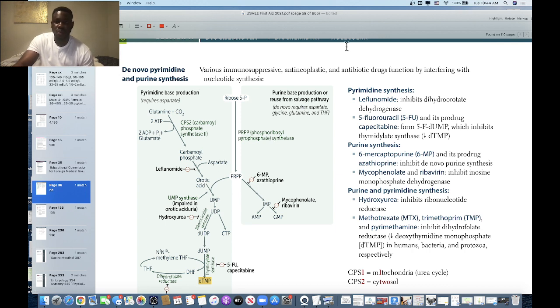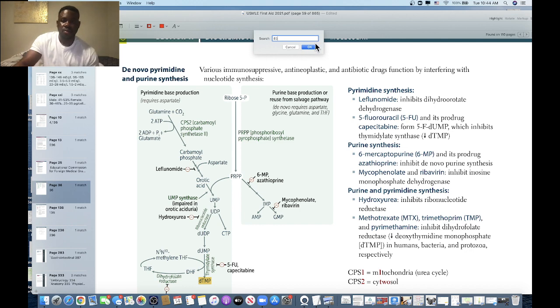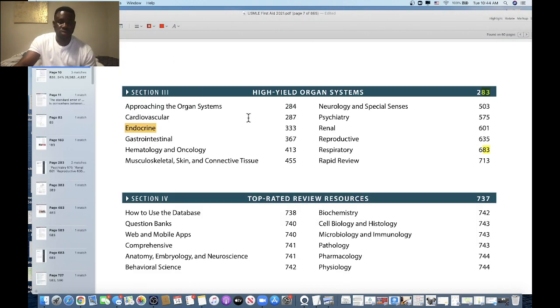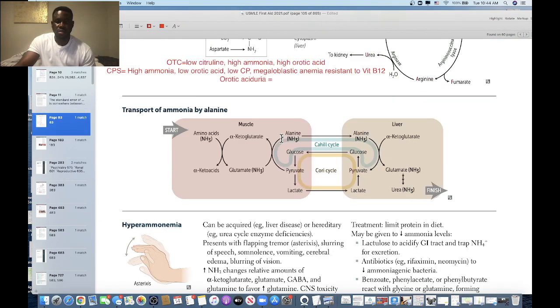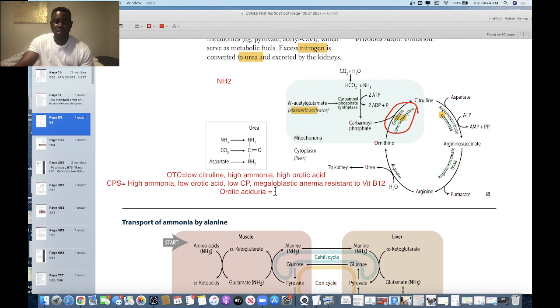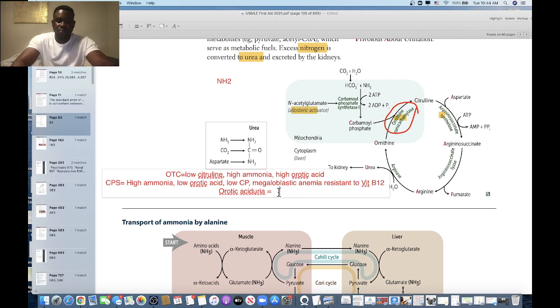So let's go back to our page, maybe 83 or 82. Okay, so we were here. This one is equal to UMP synthase deficiency, and here we will have normal ammonia.